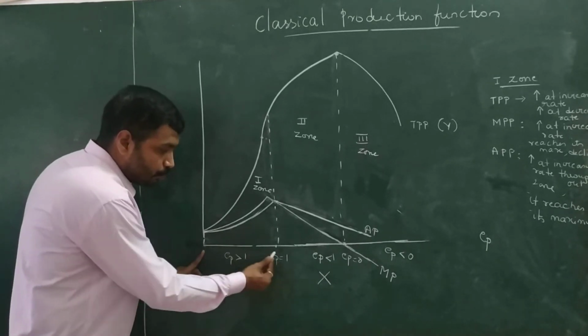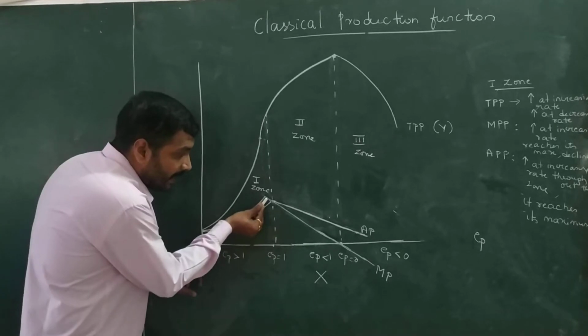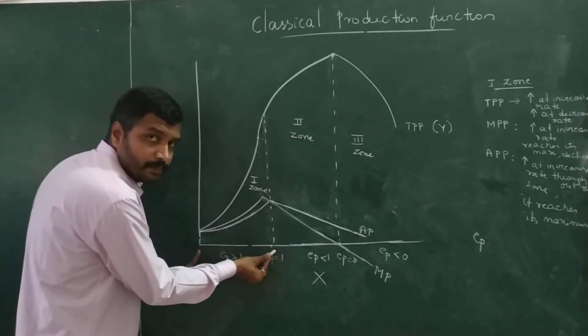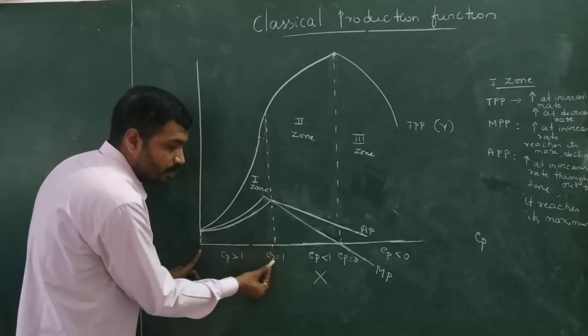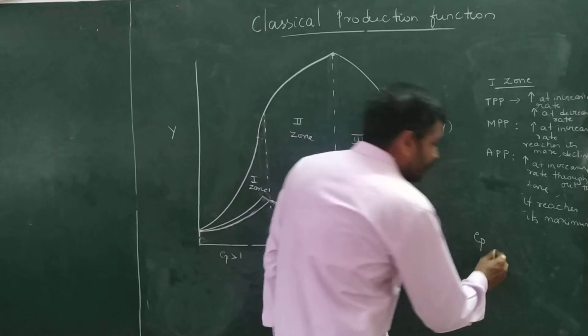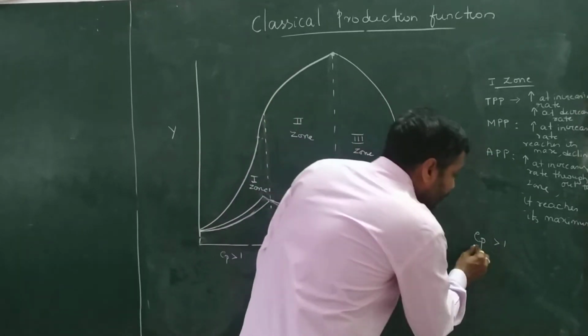Now if we consider elasticity of production, it used to be more than 1. At the end of the first zone, elasticity of production is going to become 1. That means elasticity of production will be more than 1 before that. What does it imply?